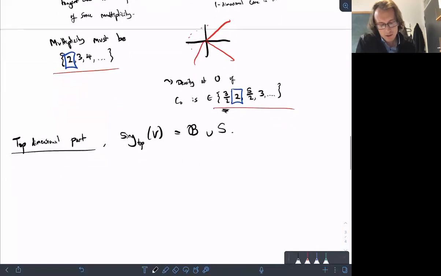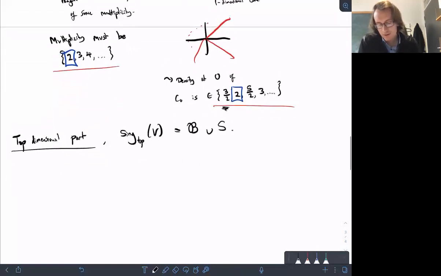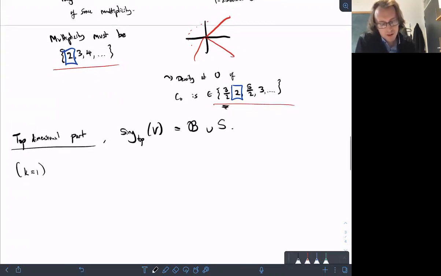Now in the codimension 1 case, we'll forget about codimensions bigger than 1, so we'll just take K as 1. Things get more complicated if K is bigger than 1. What we're after is tangent cones.